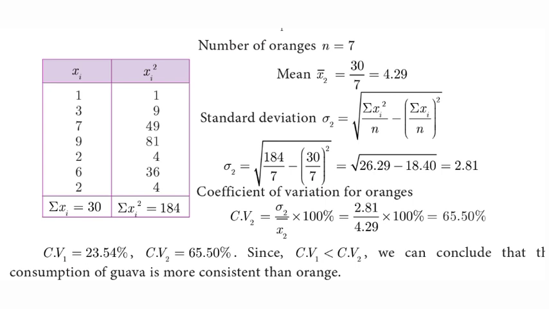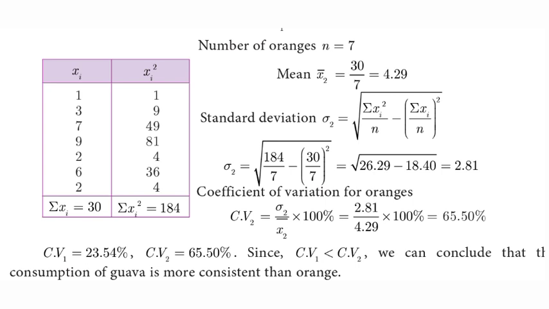Therefore we draw the table. We take x values 1, 3, 7, 9, 2, 6, 2. Now find the value of x square. 1 square is 1. 3 square is 9. 7 square is 7 into 7, 49.